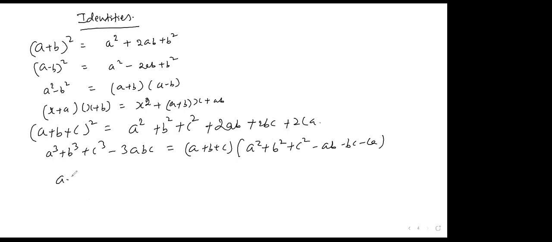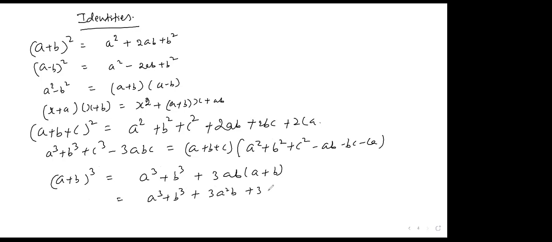We have (a plus b) whole cube, a cube plus b cube plus 3 times ab times (a plus b). You can also rewrite this as a cube plus b cube plus 3 times a square b plus 3 times ab square.